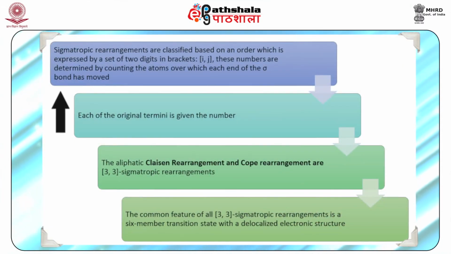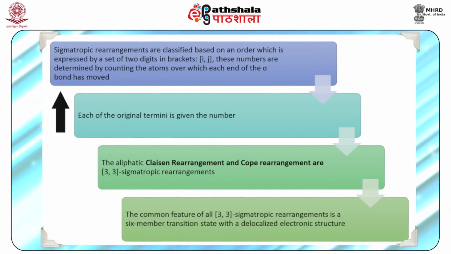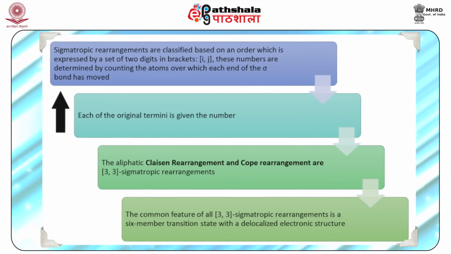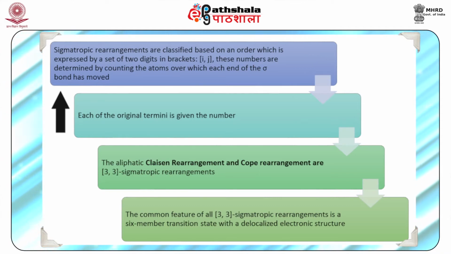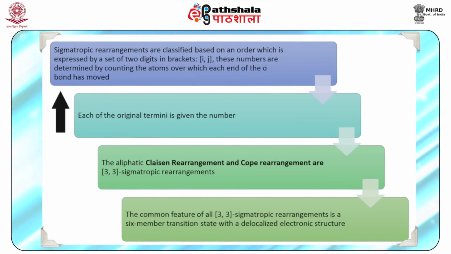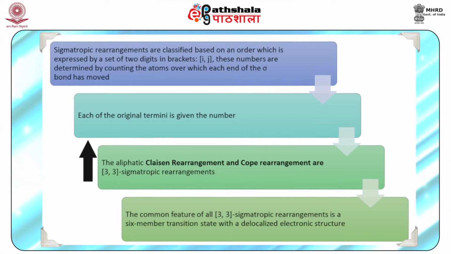Sigmatropic rearrangements are classified based on an order which is expressed by a set of 2 digits in brackets, i and j. These numbers are determined by counting the atoms over which each end of the sigma bond has moved.